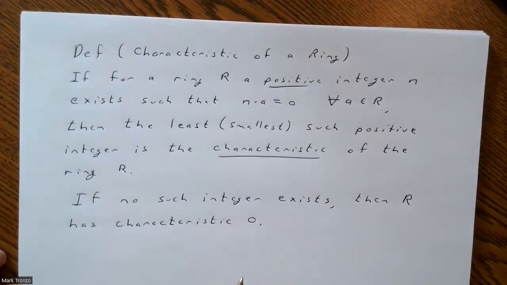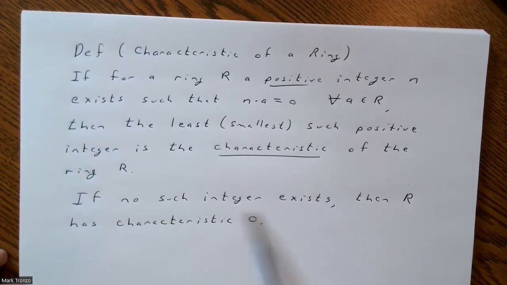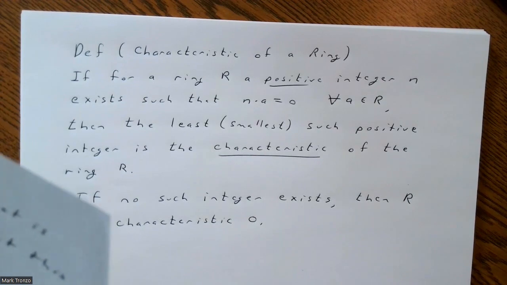That's usually the way they say it. Sometimes they'll say the characteristic of R is 0, or just say R has characteristic 0. And so that's another definition.